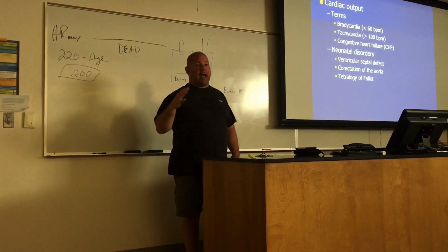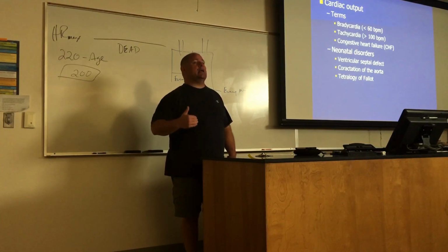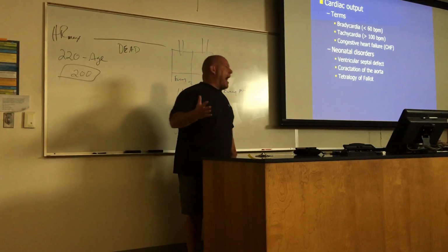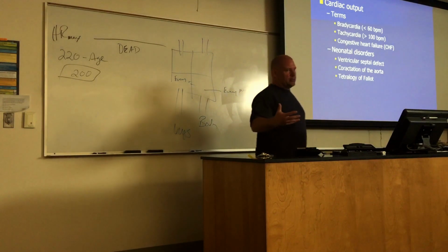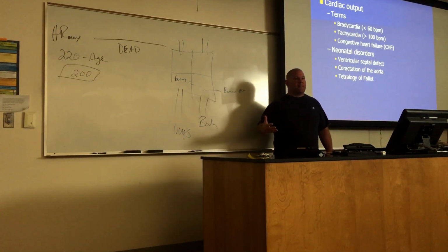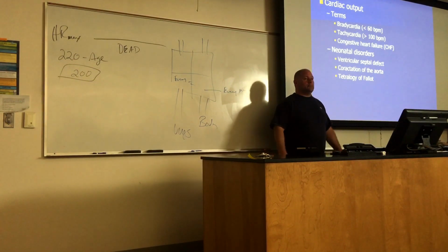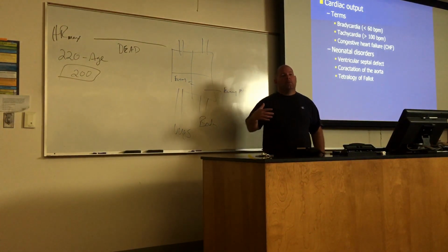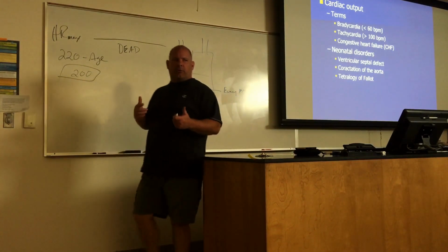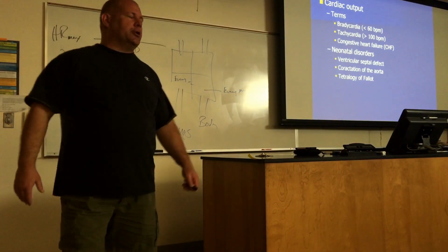But bradycardia has a definition of a heart rate less than 60. It doesn't mean it's bad. It's just a description of the heart rate. There's probably a lot of people in this class who normally are bradycardic. And again, hopefully sinus bradycardia. So if you have one of those blocks that I talked about yesterday when I showed the arrhythmias, then that's not a good thing.